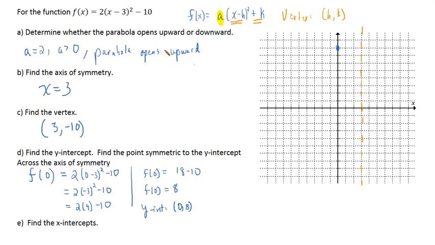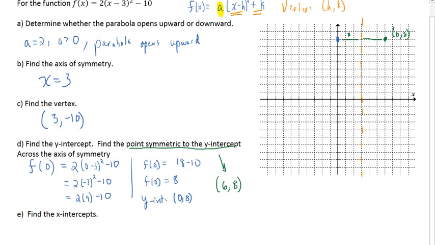And so the axis of symmetry tells me I should have a mirror image of the y-intercept on the other side. Since the distance between the y-intercept and the axis of symmetry is 3 units, I should be able to go 3 units on the other side and get another point. And so the point symmetric to the y-intercept would be 6, 8. This point right here is 6, 8.